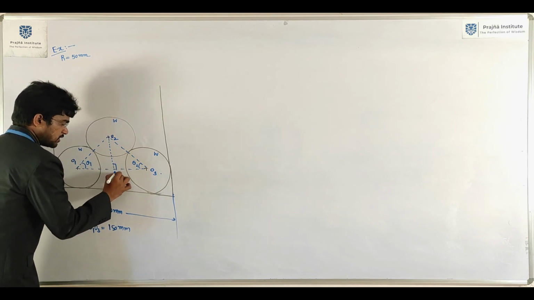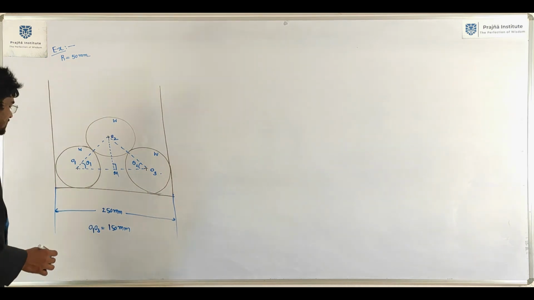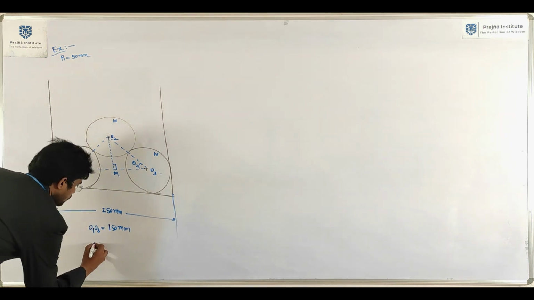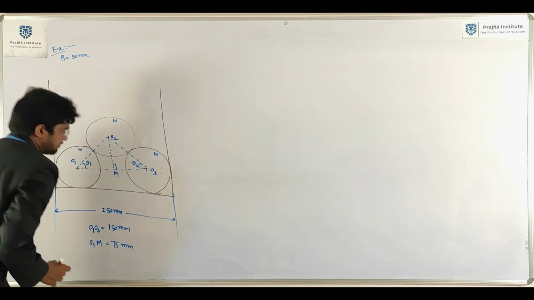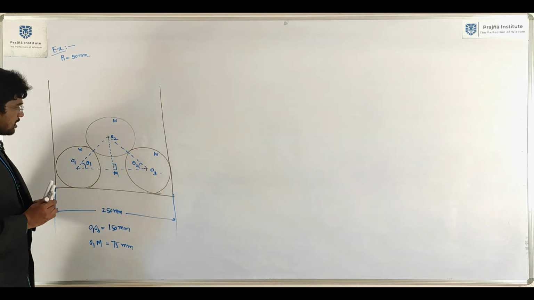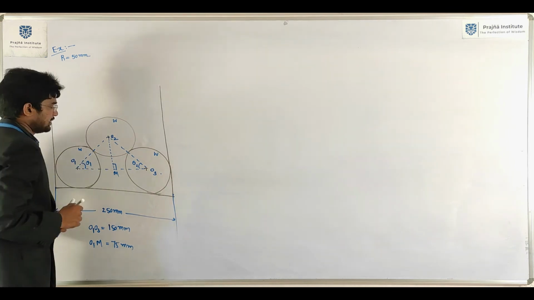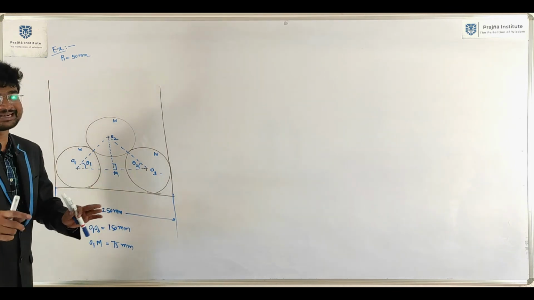So from here to here exactly half. So O1M is equal to 75 mm. Exactly middle, because all are having the same radius.